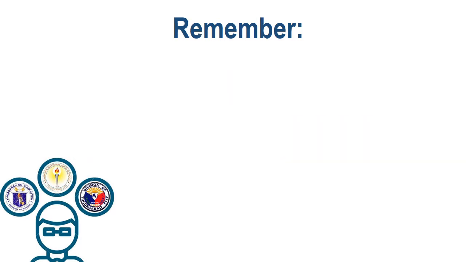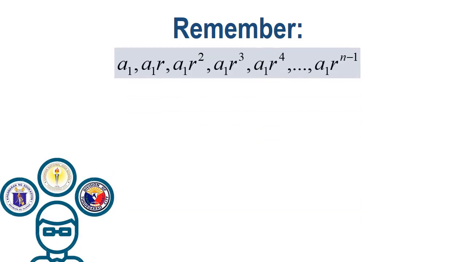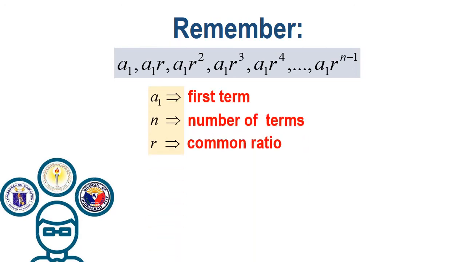In general, the terms of a geometric sequence are of the form a sub 1, a sub 1 times r, a sub 1 times r squared, a sub 1 times r cubed, a sub 1 times r to the fourth, and so on until a sub 1 times r raised to n minus 1, where a sub 1 is the first term, n is the number of terms, and r is the common ratio.